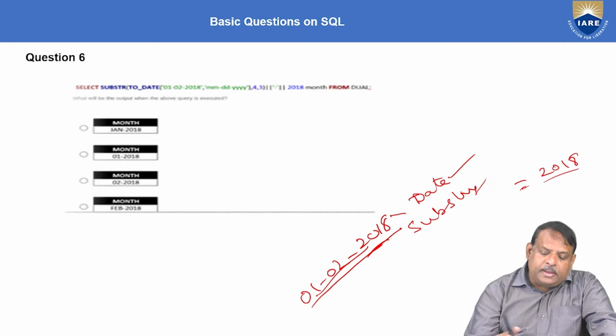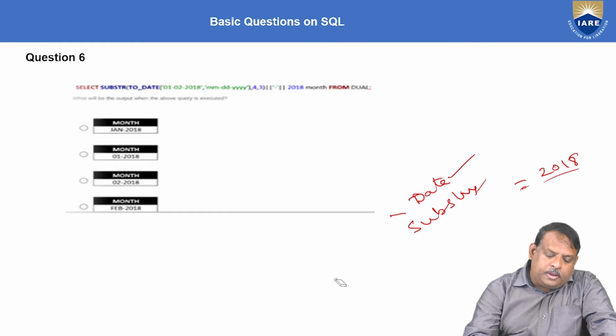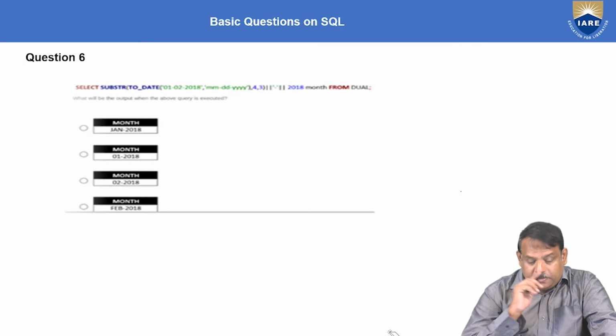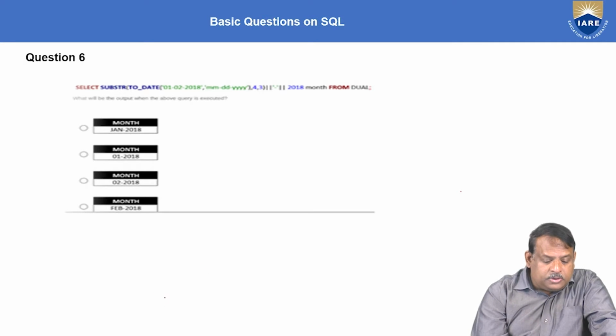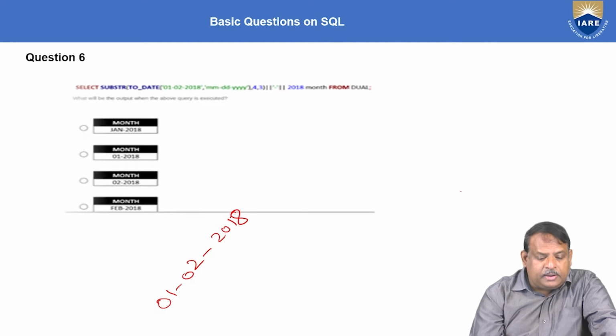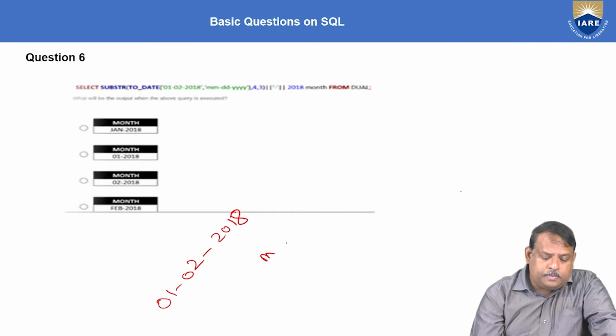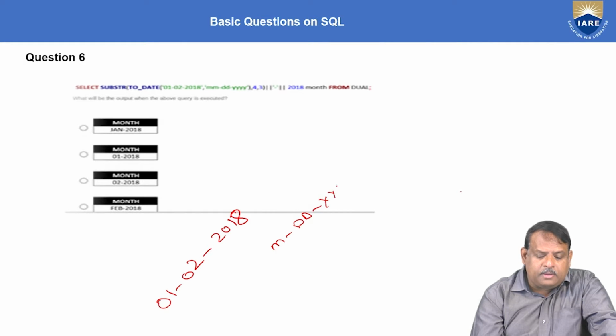We're going to solve this problem by part. First we'll convert this with to-date. First, what is it? 01-02-2018. This we need to convert in the format of DD, MM, YY.